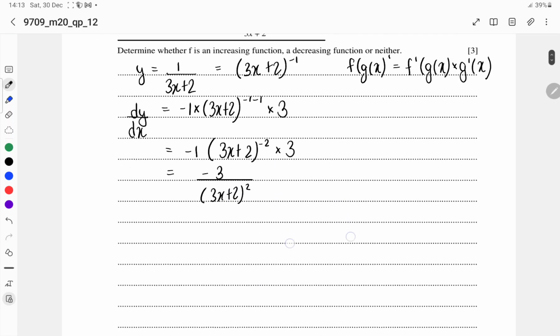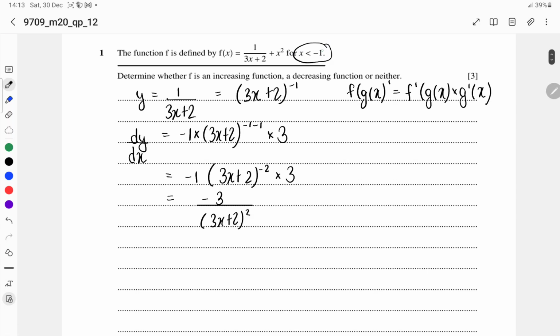So what we can know from this is, we are doing this for x < -1. No matter what the value of x, we know that (3x + 2)² is always going to be positive. So we are dividing -3 by some positive quantity, and we know when a negative quantity is divided by a positive quantity, we get an overall negative quantity, right? So since dy/dx is always negative, we know that this is a decreasing function.